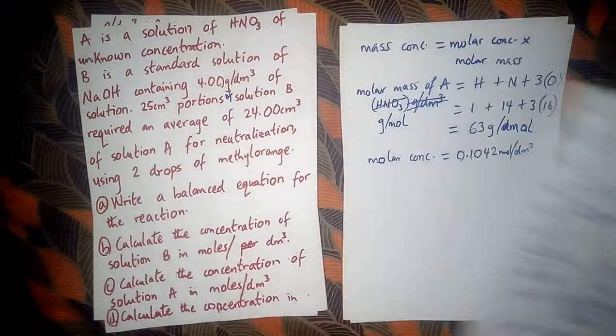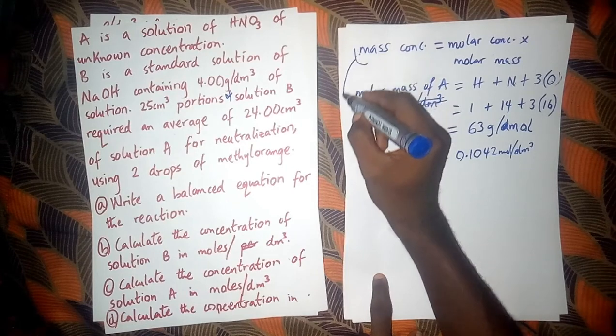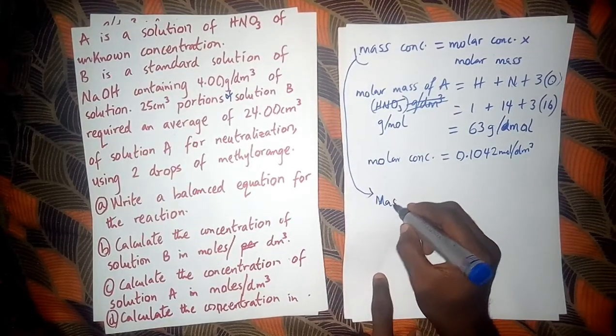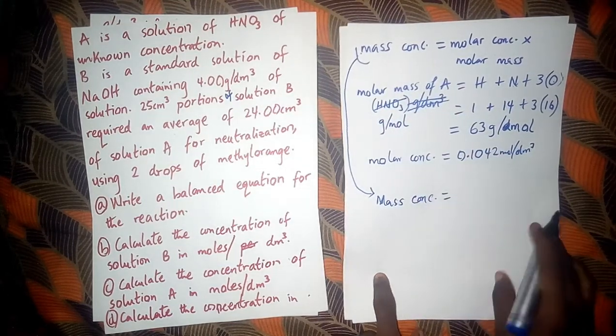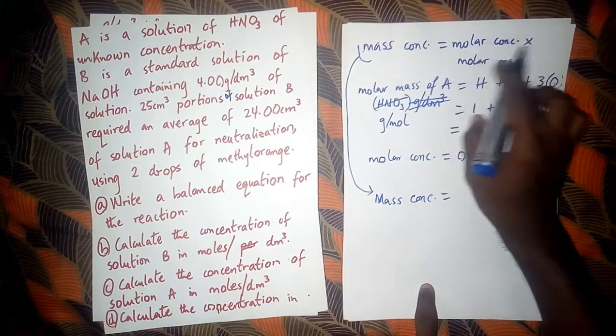So this is straightforward already. From this equation, mass concentration is equal to molar concentration times molar mass.